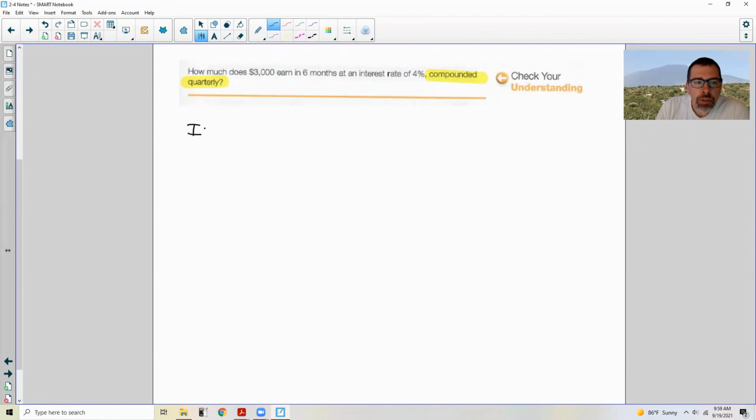So interest equals PRT. I equals, P equals, R equals, T equals. The principal is 3,000, the time is 6 months, and an interest rate of 4% would be 0.04.